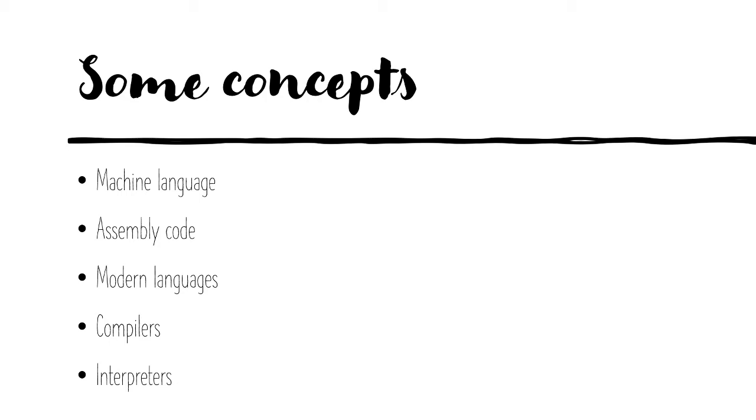So that's really what assembly code is. Assembly code is a low level language, and by low level it means that it is still quite cryptic. It's difficult to understand, and it's very close to machine language.